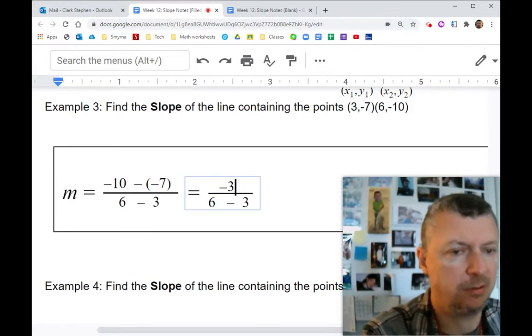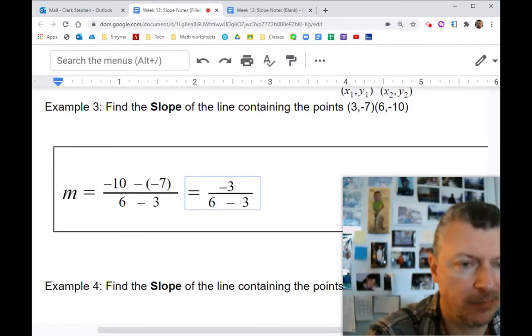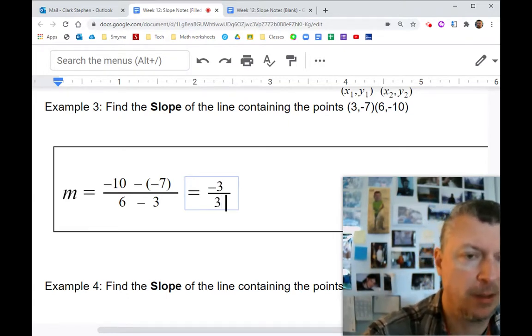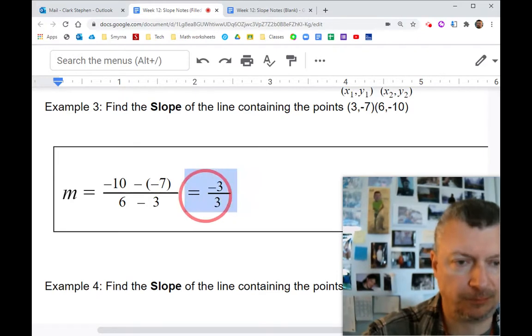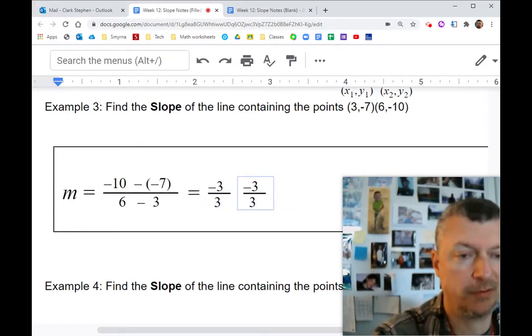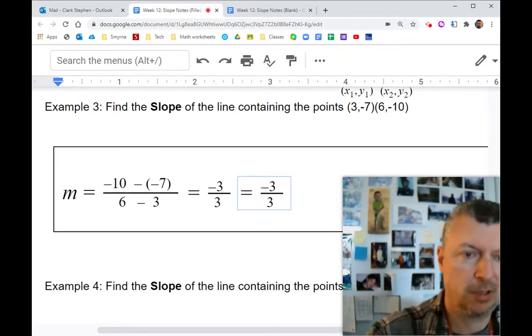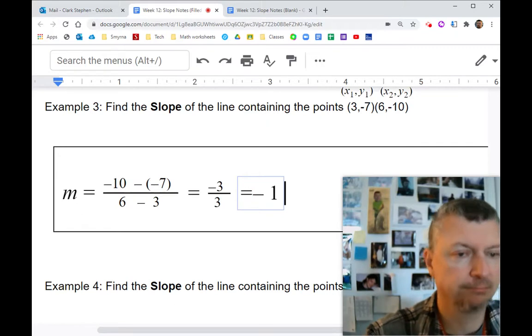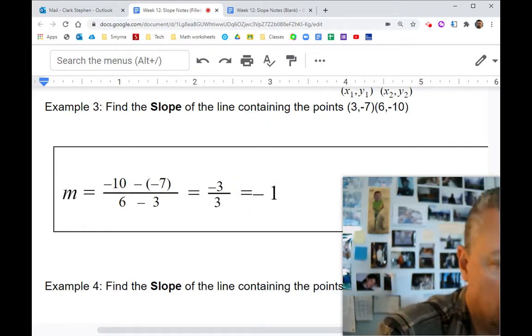And then 6 minus 3 is 3. This is an interesting one, because you can divide it and you'll just get one number instead of a fraction, because negative 3 divided by 3 is negative 1. The slope is negative 1.